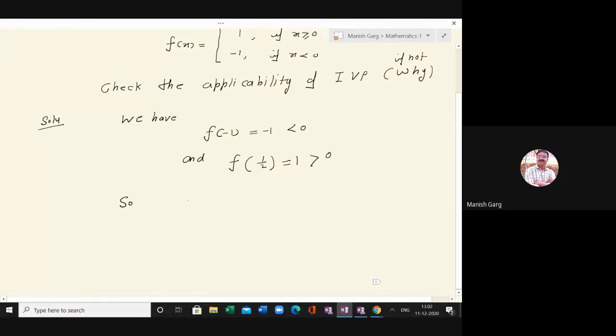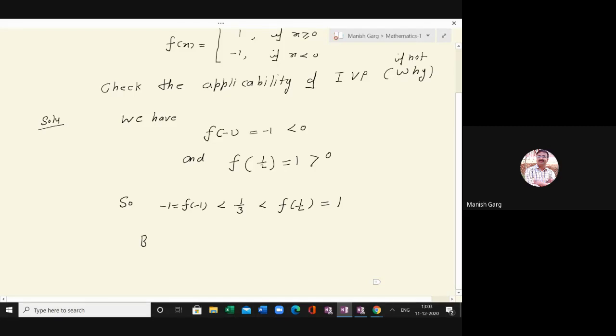So here you can write f(-1), which is minus 1, is less than 1 by 3, which is less than f(1), which is equal to f(1 by 2), which is 1. So 1 by 3 lies between f(-1) and f(1 by 2).